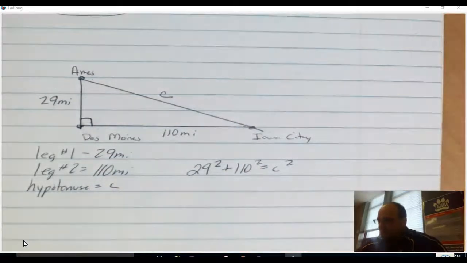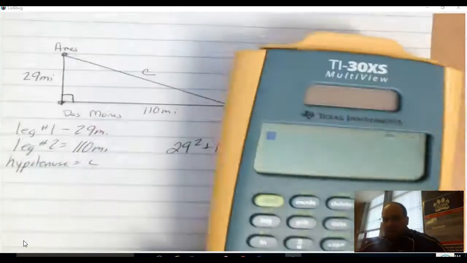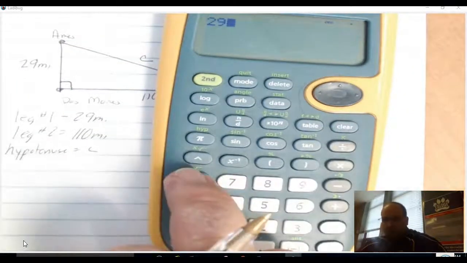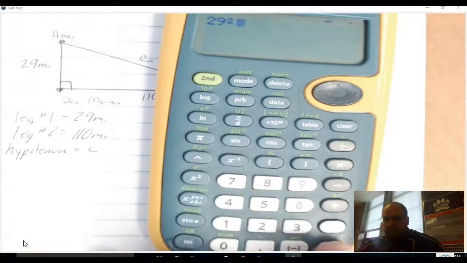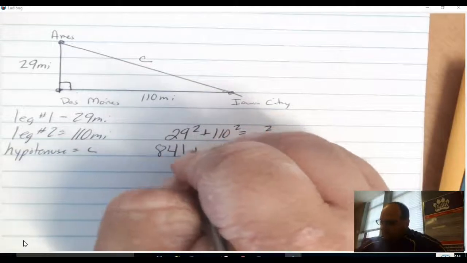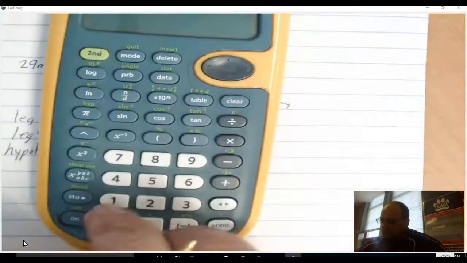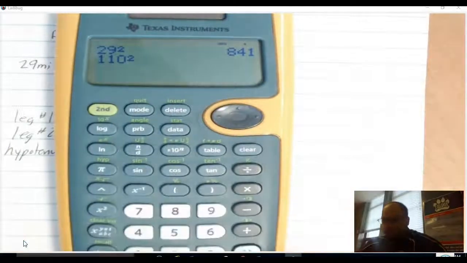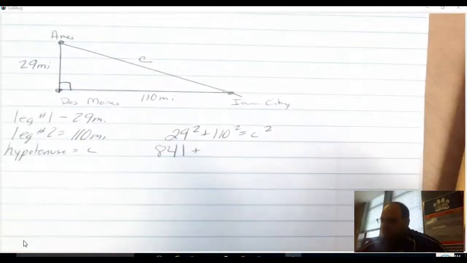squared. On my calculator, I'm going to do 29 and hit the squared button, and I get 841, plus 110 squared. That gives me an answer of 12,100.